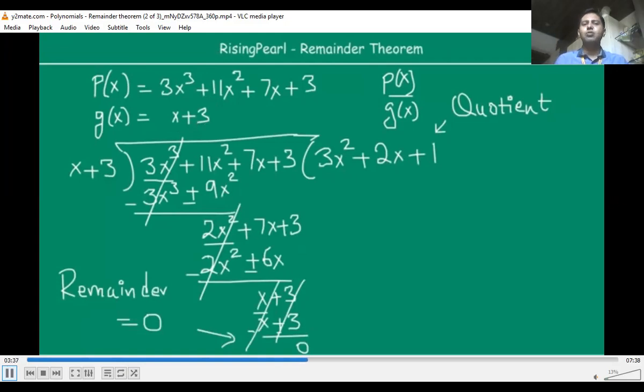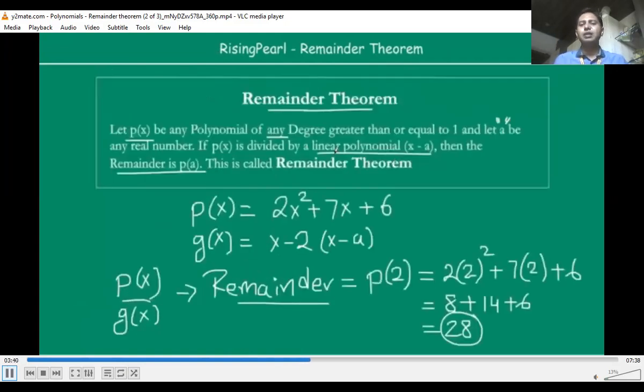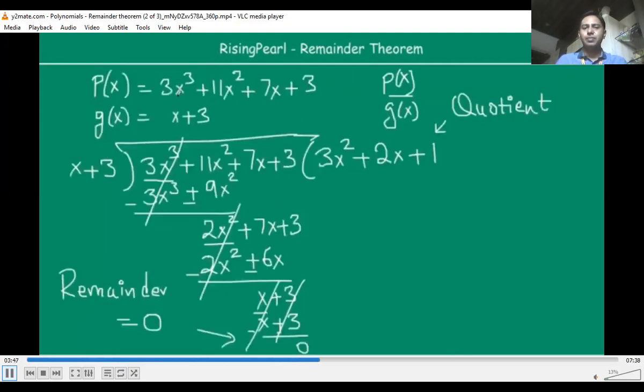But if we have a look at the theorem part, it is given that if we divide the polynomial by x minus a, a linear polynomial x minus a, we need to equate this x plus 3 with x minus a, and find the value of a here.